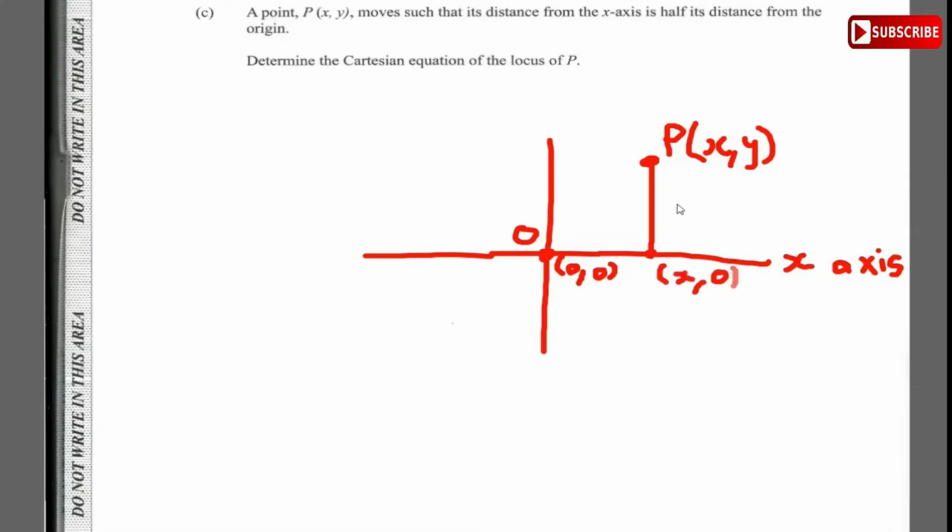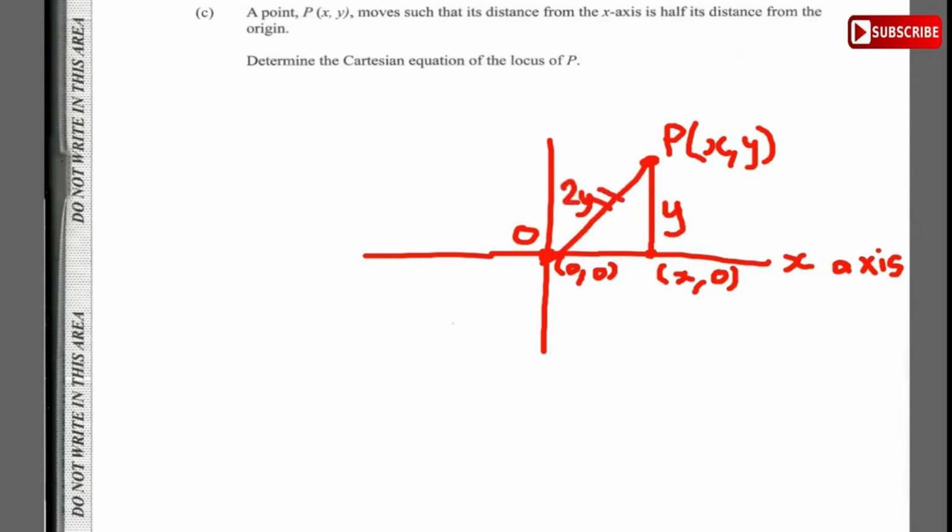So the length is y, and they're telling us that this distance is half the distance from the origin. So this distance to the origin is twice this distance. This distance is y, and so this distance is 2y.